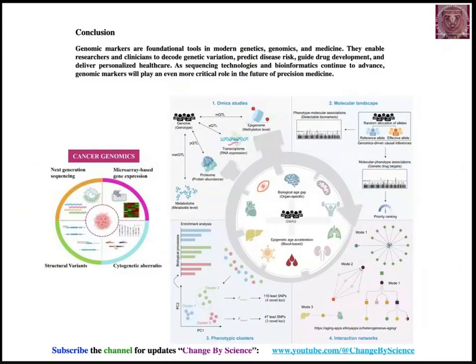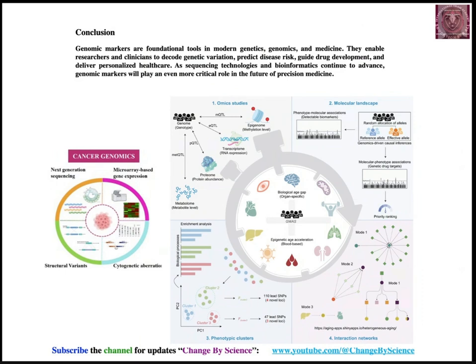Then it comes to the last part, that is the conclusion. What we conclude from the genomic biomarker tutorial today is basically that genomic markers are foundation tools in modern genetics, genomics, and medicine.